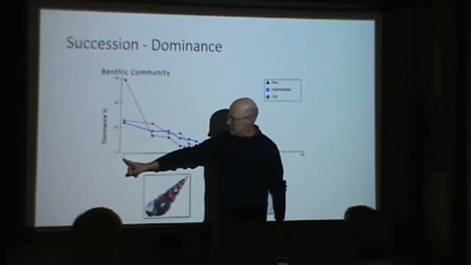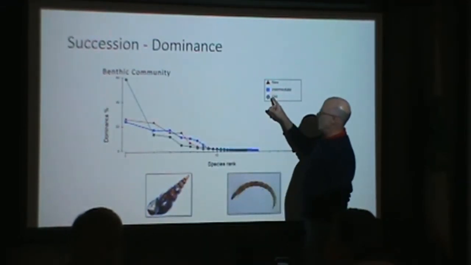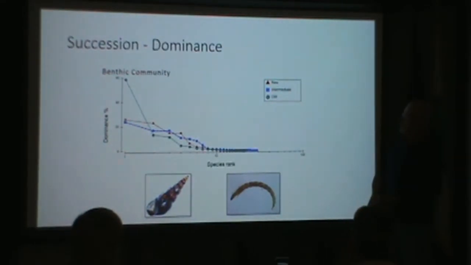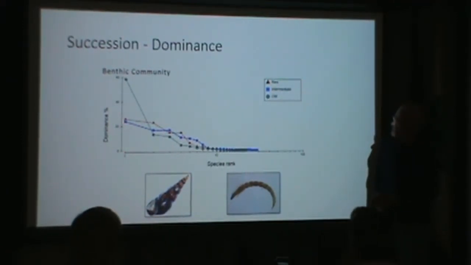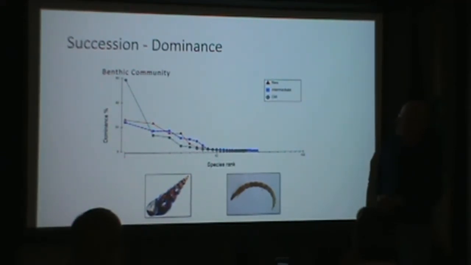One species in the old resaca composes 60% of the community. So the old resaca has a macrobenthic community 60% dominated by one species, compared to the other resacas, the new and intermediate, where one species dominates 25%, and the second species another 20 or 25%, etc. So it's a big difference from here to here.